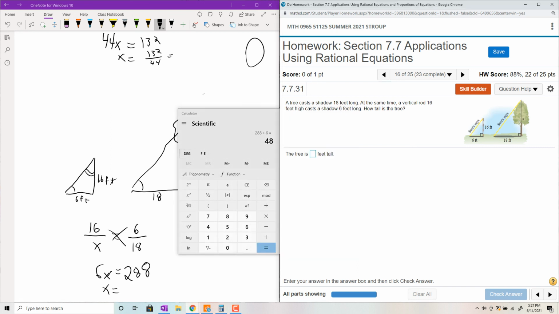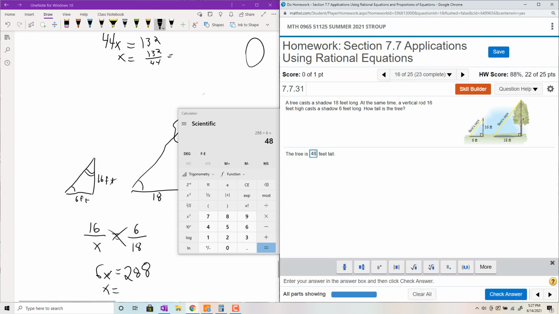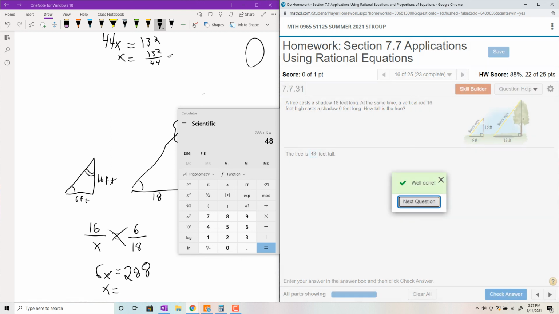And apparently 18. It's kind of not that tall. I think big trees are like 70, 80 feet. Okay.